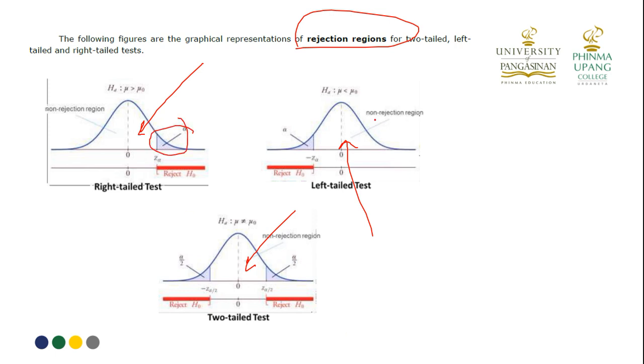Yung mga may kulay is rejection area. Yun lang naman yun. Just simply looking at the illustrations, yun lang po yung ibig sabihin ng rejection regions at non-rejection region. So, hindi po tayo masyadong mag-focus dito. Kasi, drawing lang talaga yan. I-observe nyo lang kung ano yung rejection and non-rejection area.